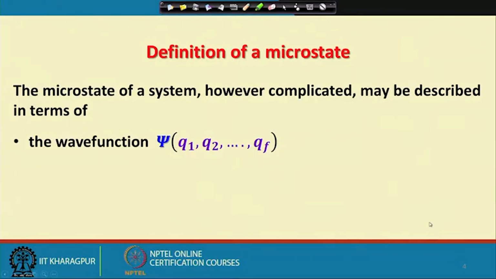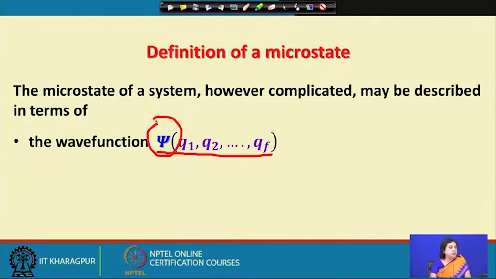So, let us have a look at what quantum mechanics tells us about the microstate of a system in this extreme regime. It says that the microstate of the system can be described in terms of a wave function. Here psi is the wave function, and let us say I have these variables q1, q2 etc. up to qf. These f variables decide what the value of this wave function is going to be.